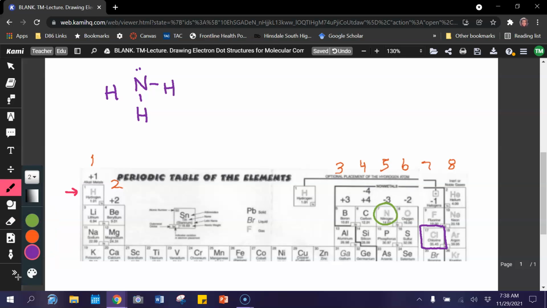This is not perfect, so let me get it perfect. Okay, so as you can see, we have 1 dash in between this H and my central atom, my nitrogen. This is called a single covalent bond.